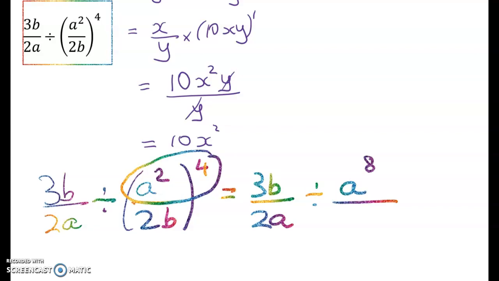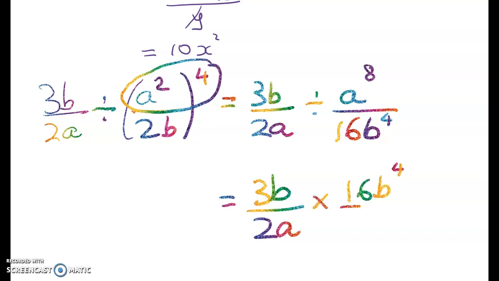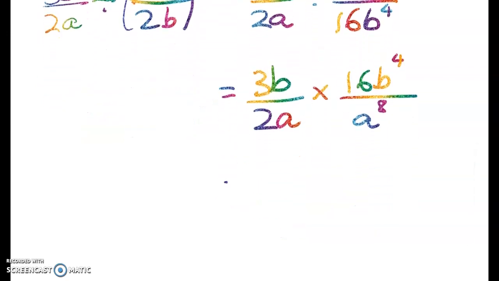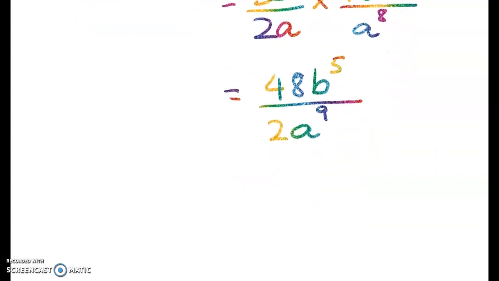The denominator becomes 16b to the power of 4. That then gives me 3b over 2a times 16b to the power of 4 over a to the power of 8. Cleaning that all up gives me 48b to the power of 5 over 2a to the power of 9, but I still have to simplify the numbers. That leaves me with 24b to the power of 5 over a to the power of 9.